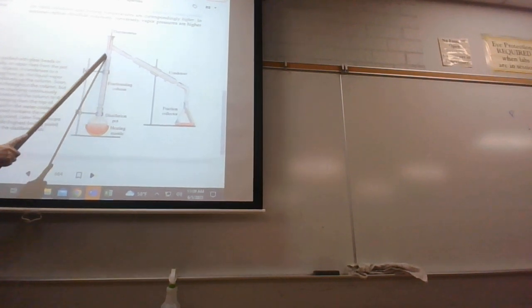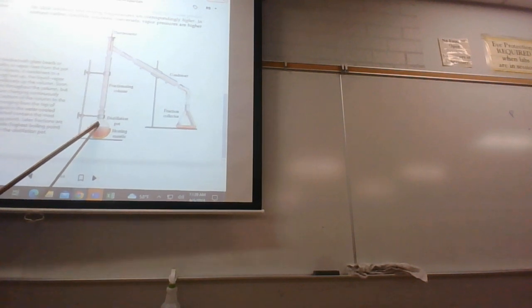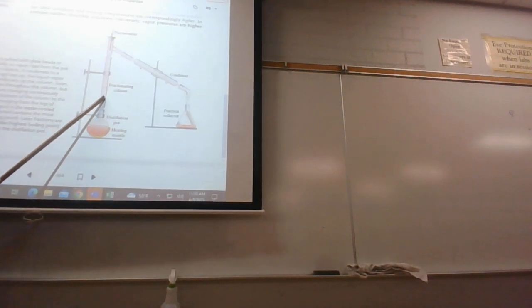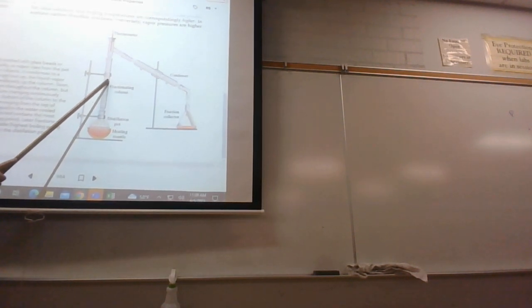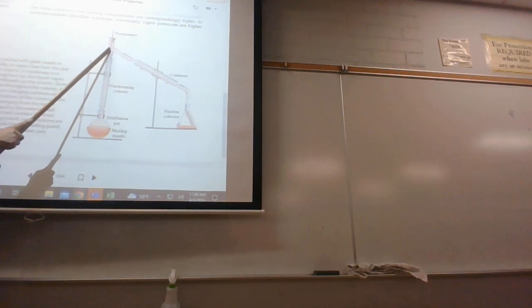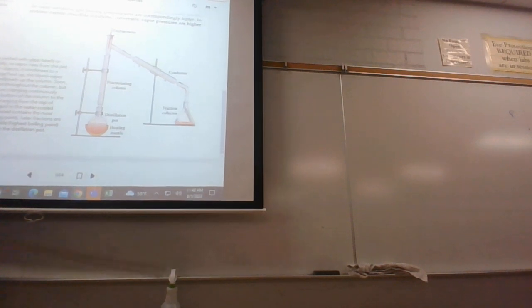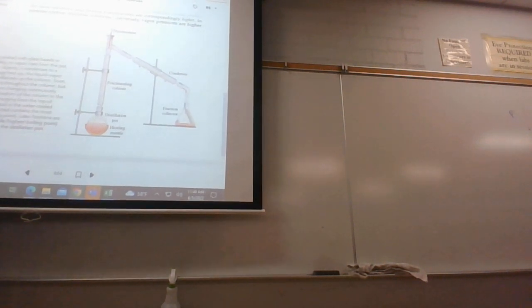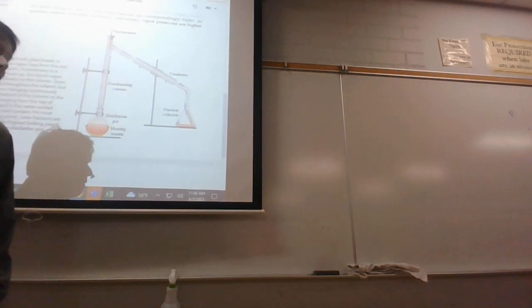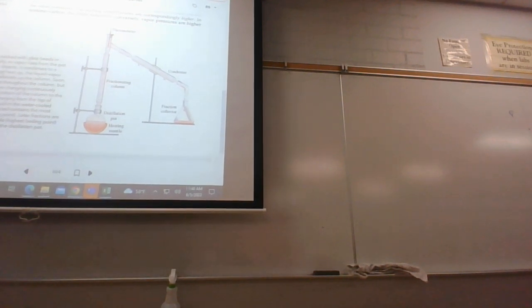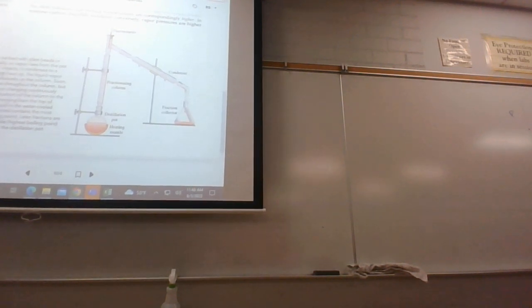This is called a fractionating column, and what happens is it condenses here and drips, and then vaporizes, condenses, drips, vaporizes, condenses, drips, vaporizes, and eventually we end up with pure benzene. This is called fractional distillation. And we can purify benzene and toluene, no problem. That's an ideal solution.